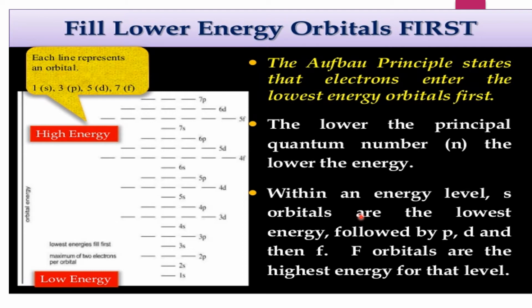And when these sub-energy levels are present, the least sub-energy shell has to be filled up first. That is, S orbital has to be filled up first, and then P, then D and then F. F orbitals are the highest energy for that level. Among SPDF, F orbitals are having the highest energy.